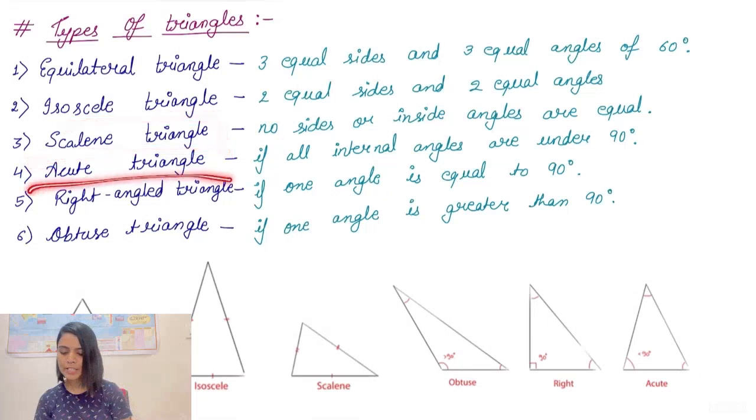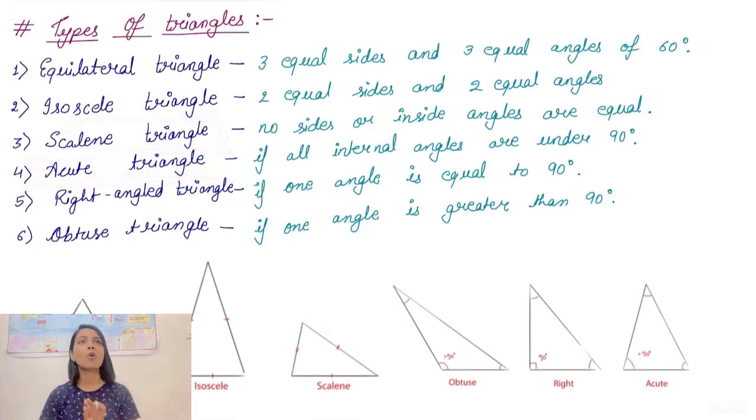Next is the acute triangle. Acute triangle means all three angles of the triangle are less than 90 degrees. No angle will exceed 90 degrees. Now next is the right angle triangle. Right angle, as the name itself tells, is 90 degrees: one angle will be 90 degrees and the other two angles will be less than 90 degrees.